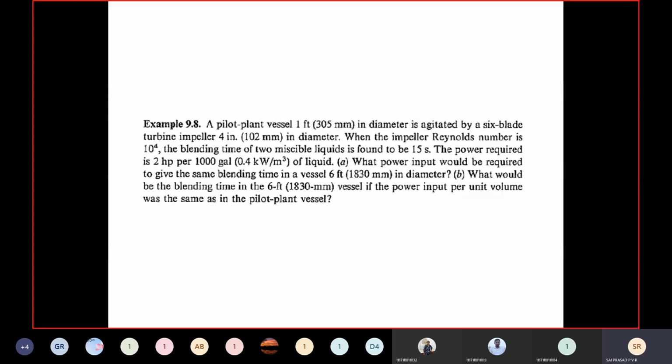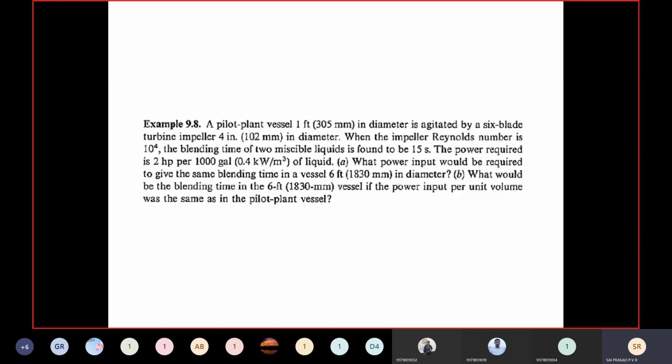Then it is agitated by a 6-bladed turbine impeller 102 millimeters in diameter. So what type of impeller is there? A 6-bladed turbine. If you go for pilot plant, we should have a 6-bladed turbine. If you go to the production block also, there should be a 6-bladed turbine. So we are converting our experiments from small scale to large scale, to very large scale, so that we meet the standards of the production.